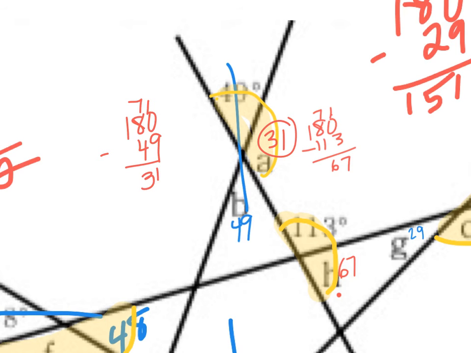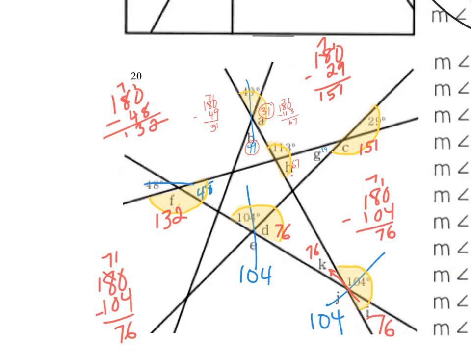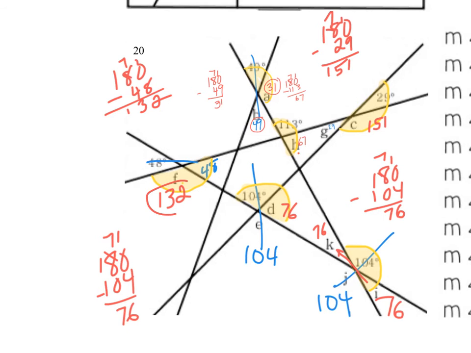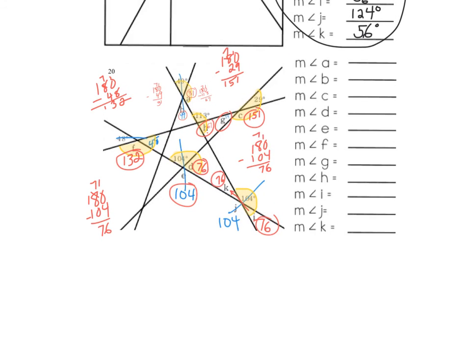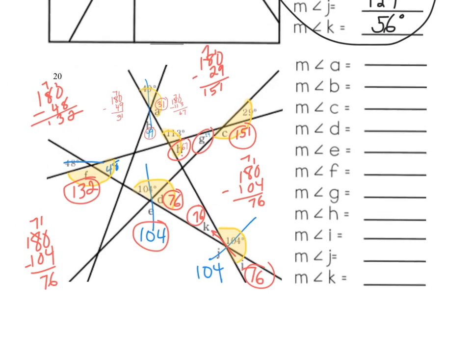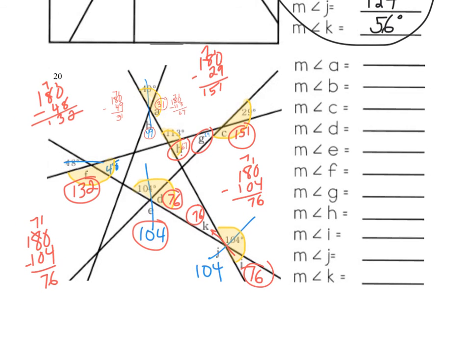All right, so let's find my letters. There's B is 49. F is 132, 76, 104. I got 76, 151, 29, 67. Okay, here we go. Let's find A. Where's A? Right here, 31. B is, where's B?